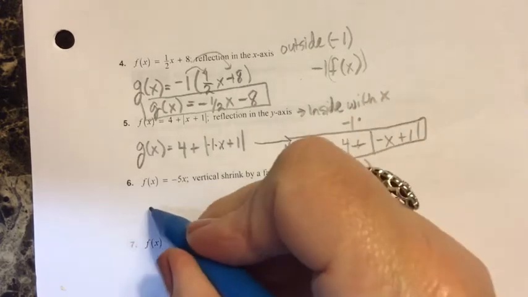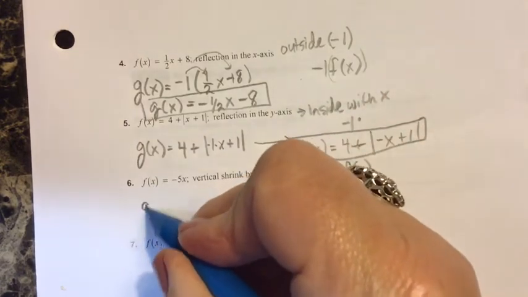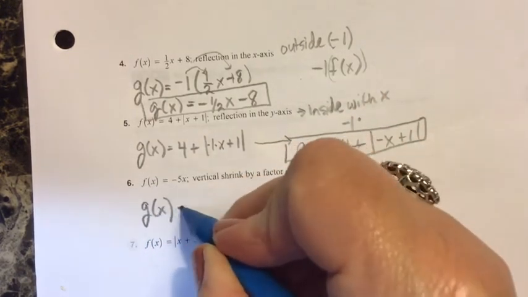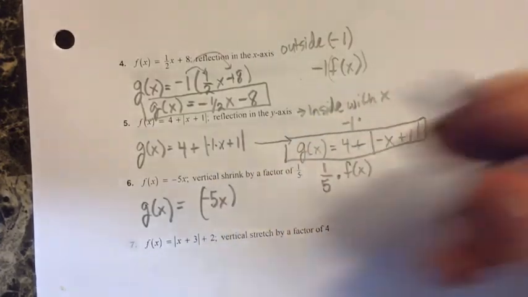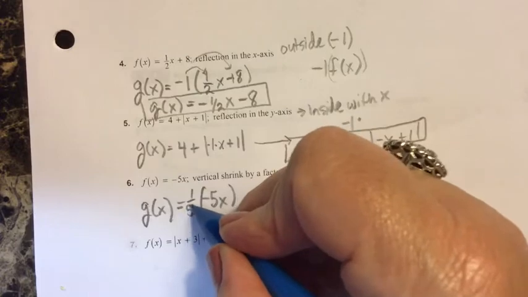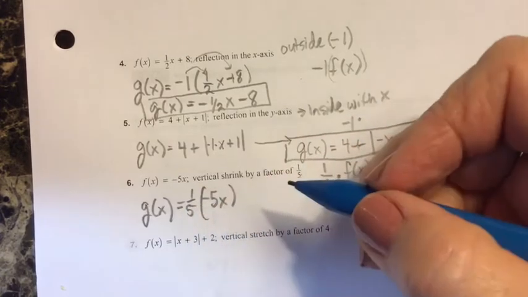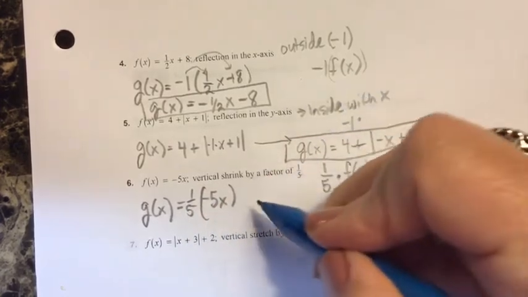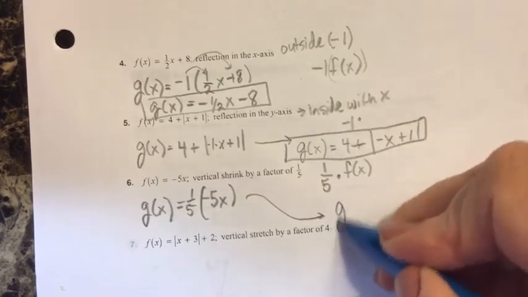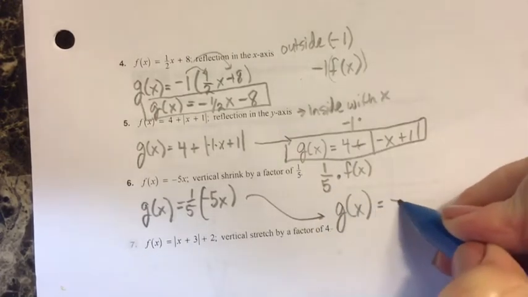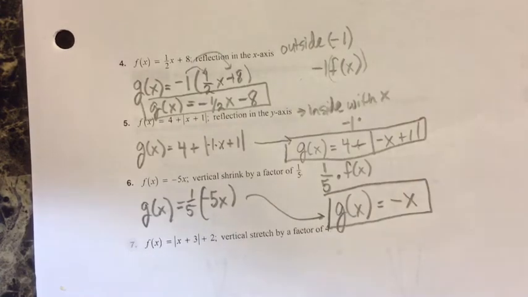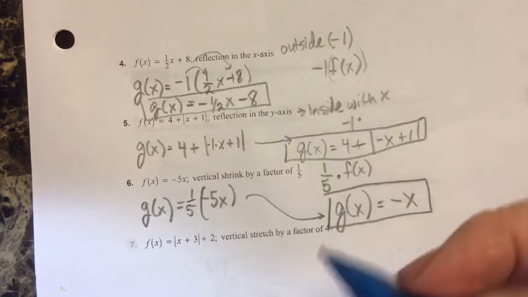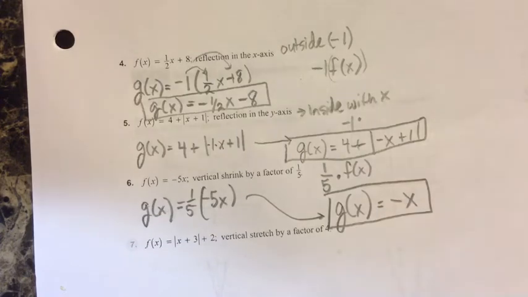So I'm going to take this f of x function, -5x, and I'm going to multiply it by 1/5. 1/5 times -5 is going to be g of x equals -x. That's the transformation of f of x equals -5x to a vertical shrink by a factor of 1/5.